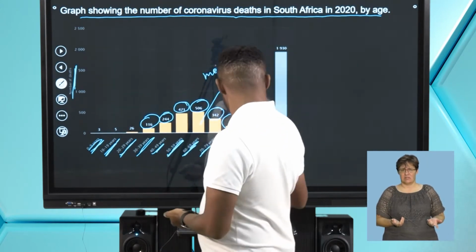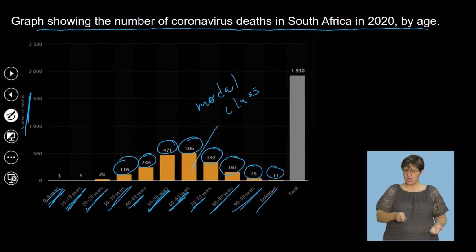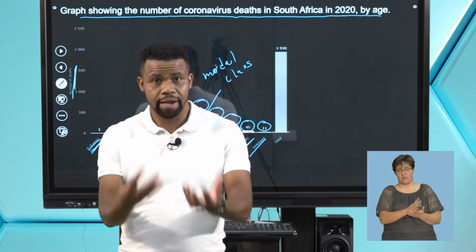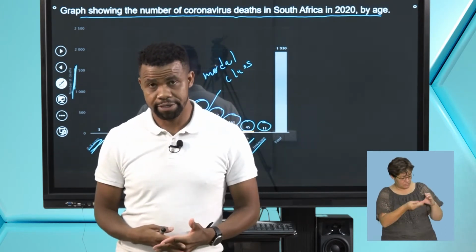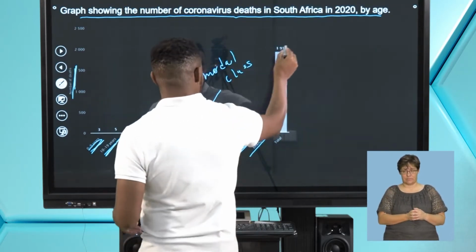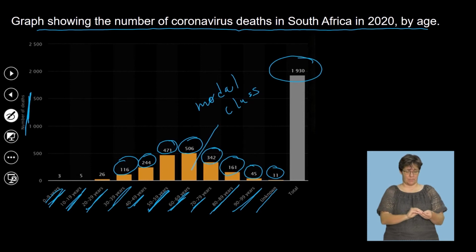We know that 11 people died from COVID-19, but we don't know their age. It's possible that they were in the hospital with no identification or something of that nature. But we still have the statistics, and this is the total number of people who died from COVID-19 for that period.